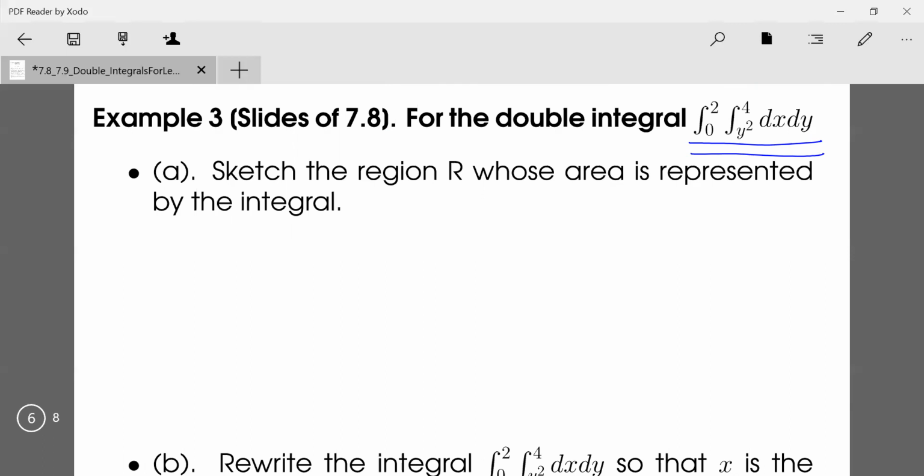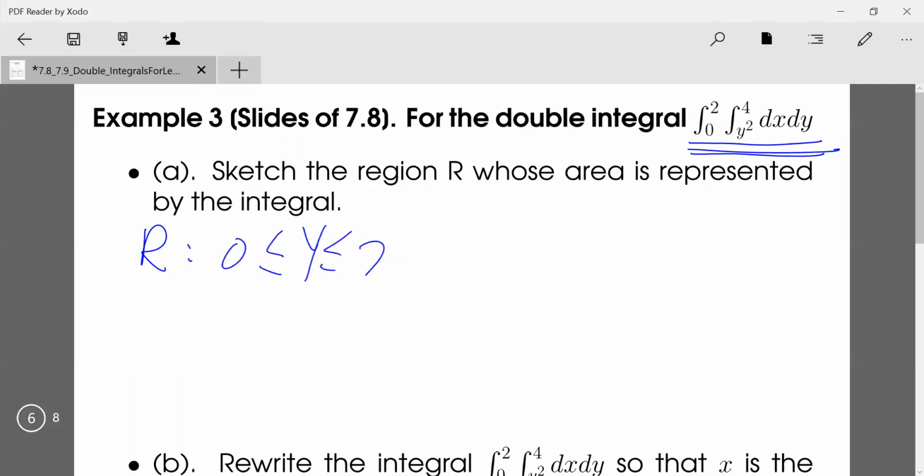So let's see how this R is described. From this integral here, it's easy to see that y is between 0 and 2. Notice that y is the outer variable, and its limits are 0 and 2. X is between y squared and 4.